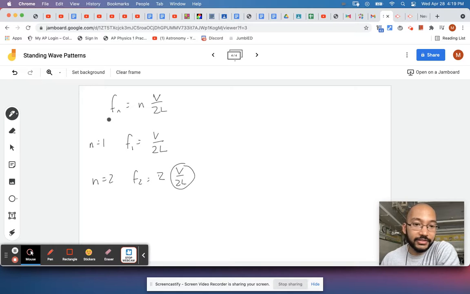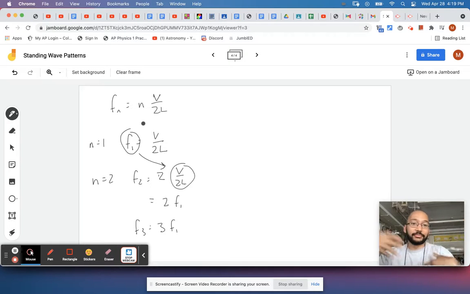But this is my fundamental frequency. So the frequency of the next harmonic, the second pattern that emerges, the second harmonic, is just 2 times the first frequency. And F3 is going to be just 3 times that first frequency. And that's why we call this one the fundamental, because it's related to the ones that pop up. The higher harmonics are just multiples of that fundamental.